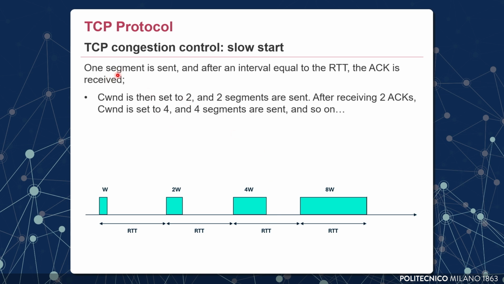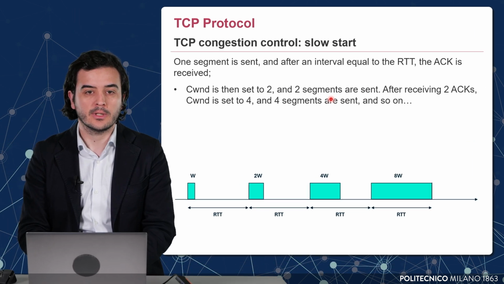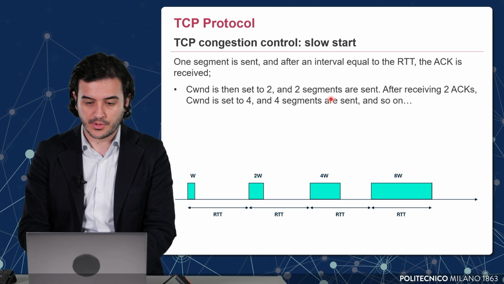So basically, one segment is sent, and after an interval equal to the round trip time which has been previously defined, the acknowledgement is received. In this case, the congestion window is set to 2, and 2 segments are sent. After receiving the 2 acknowledgements, the congestion window will be set to 4, and so on and so forth. So we notice that it is an exponential increase of the congestion window.